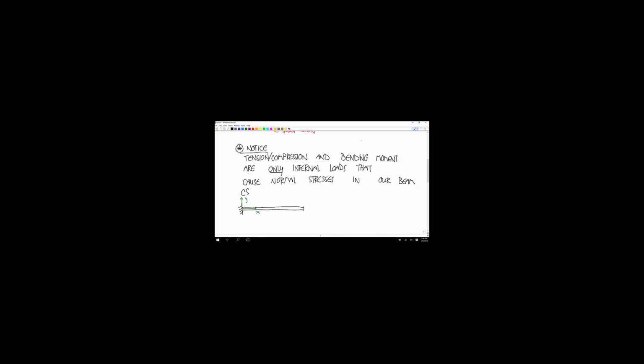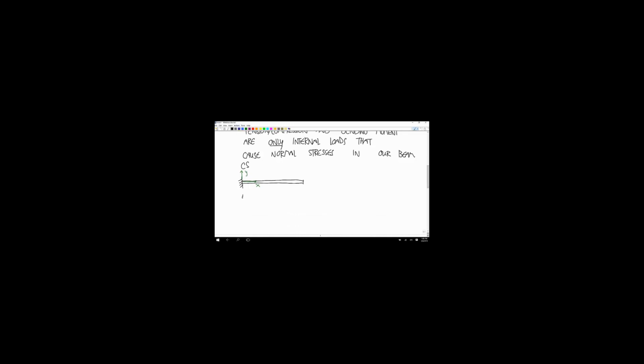So only knowing these, in other words, we can give full normal stress elements just from adding the stress tensor due to tension compression and the stress tensor due to the bending moment.